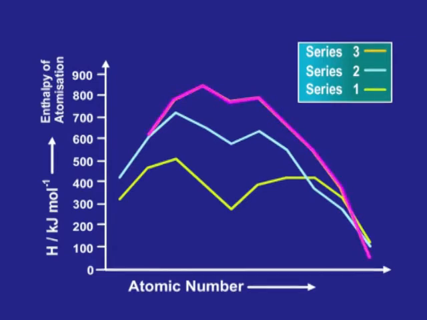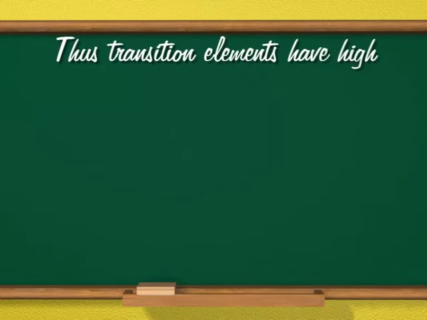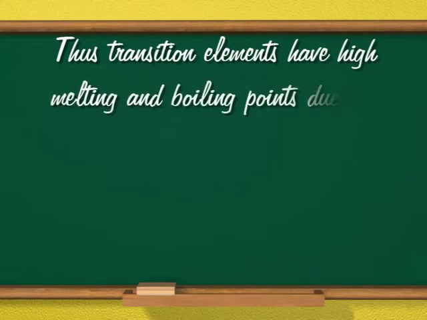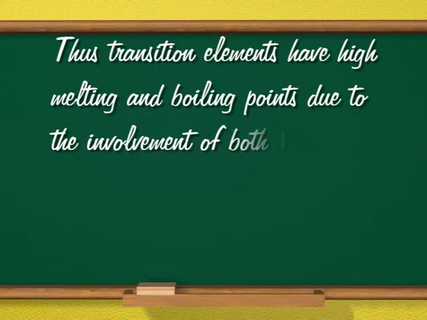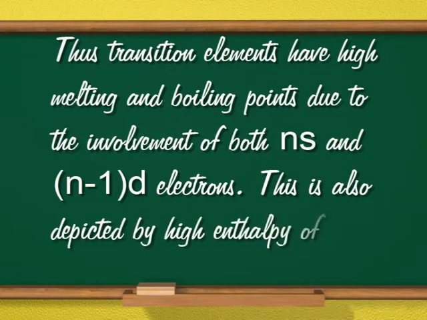It is clear from this graph that the second and third transition series have higher enthalpies of atomization than the first transition series. Thus, transition elements have high melting and boiling points due to the involvement of both ns and (n-1)d electrons. This is also depicted by high enthalpy of atomization.